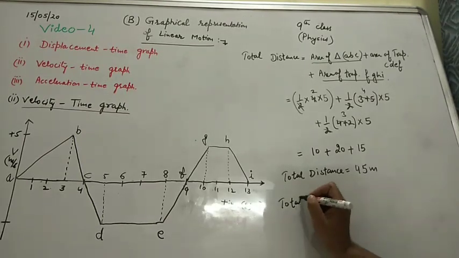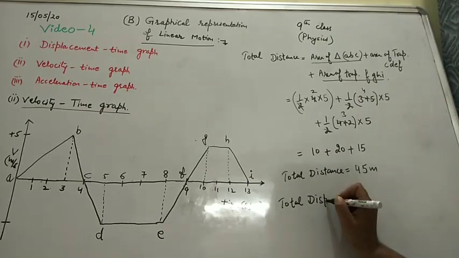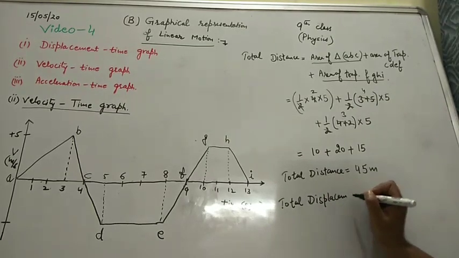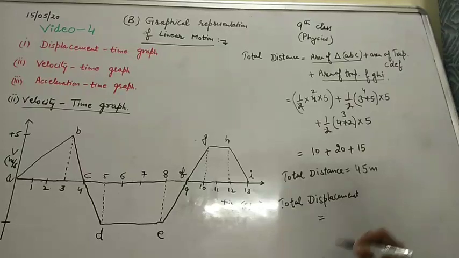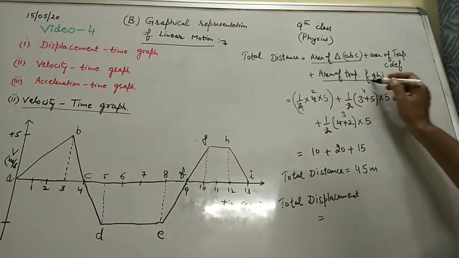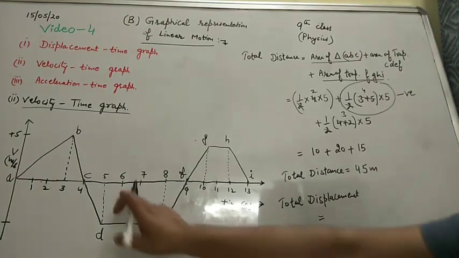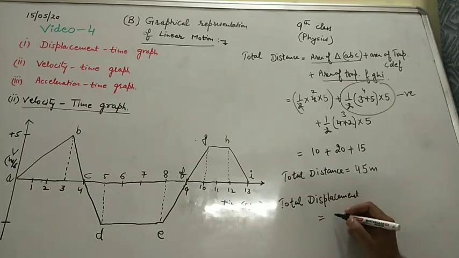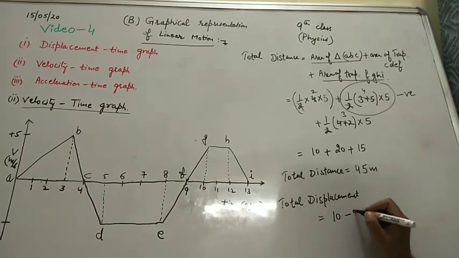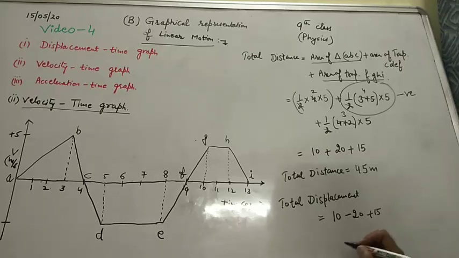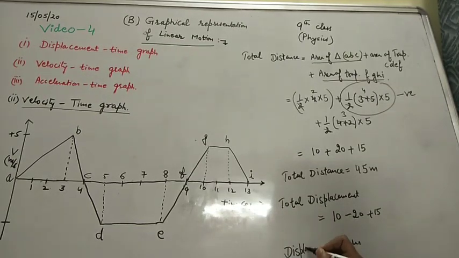And for the total displacement, this part will be taken as negative, because here it is changing its direction. So that is 10 minus 20 plus 15, and the answer is 5 meter. That is for displacement.